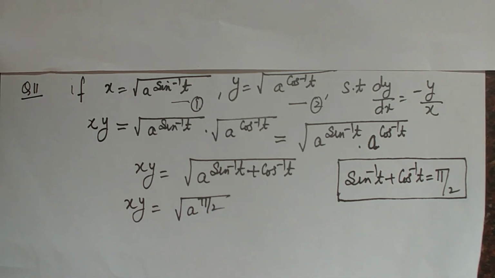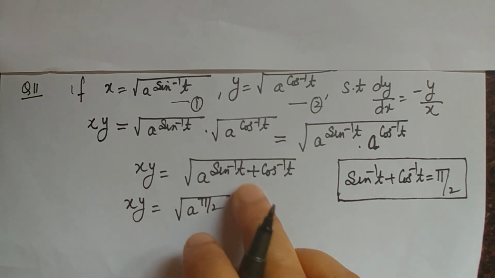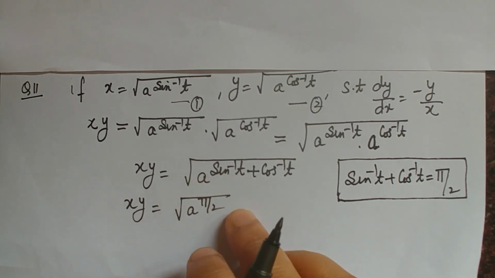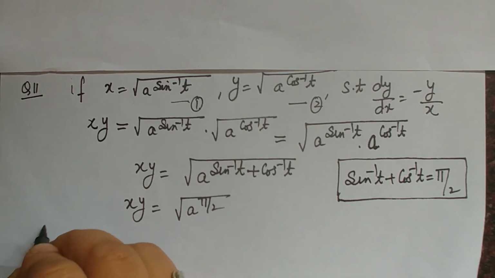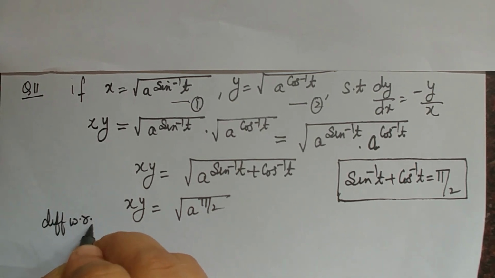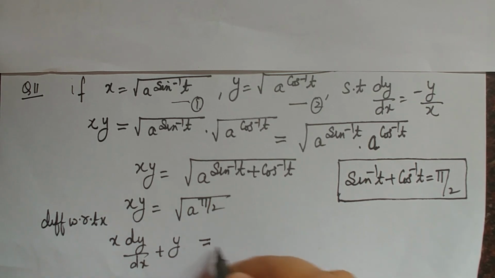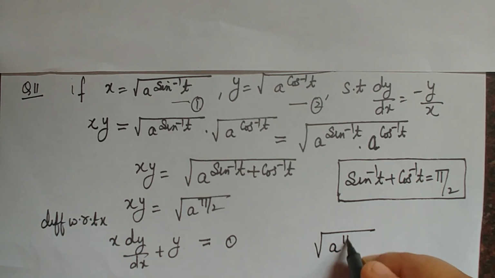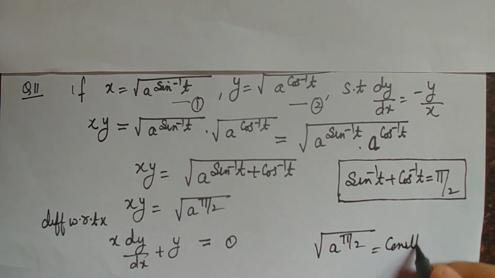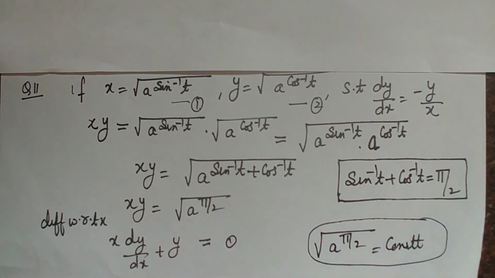Let us now differentiate this. On this side I have to apply the product rule. Also a raised to power pi by 2 is constant, a is also constant, so the derivative of this term will be 0. Differentiating with respect to x: x dy by dx plus y times d dx of x, which is 1, is equal to 0, because a raised to power pi by 2 is constant and the derivative of a constant is 0.